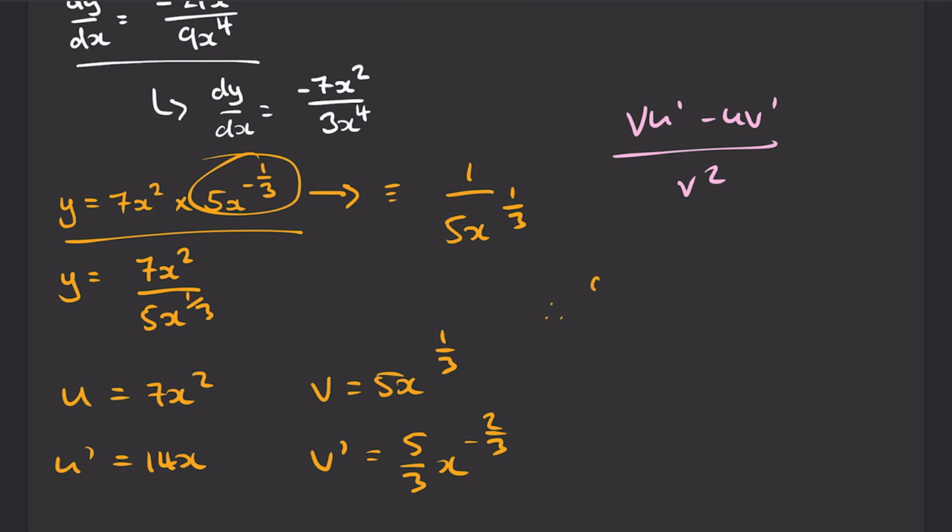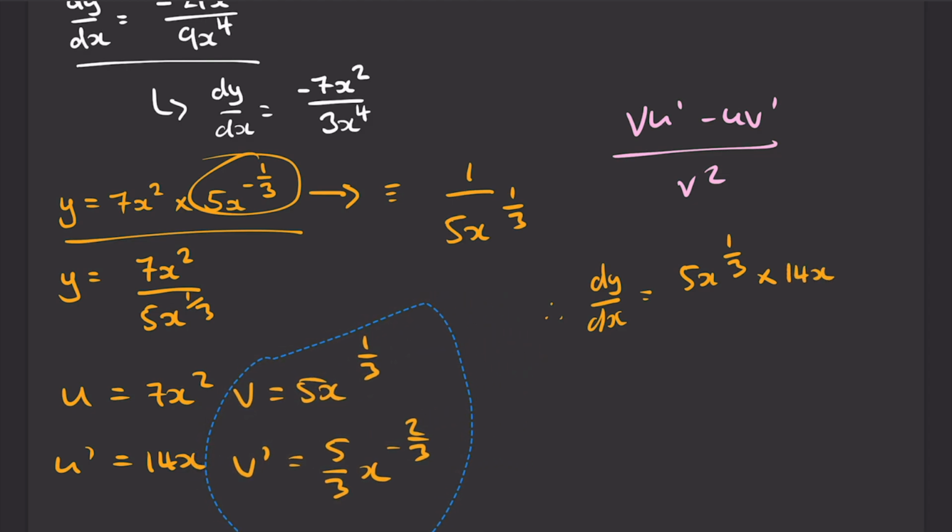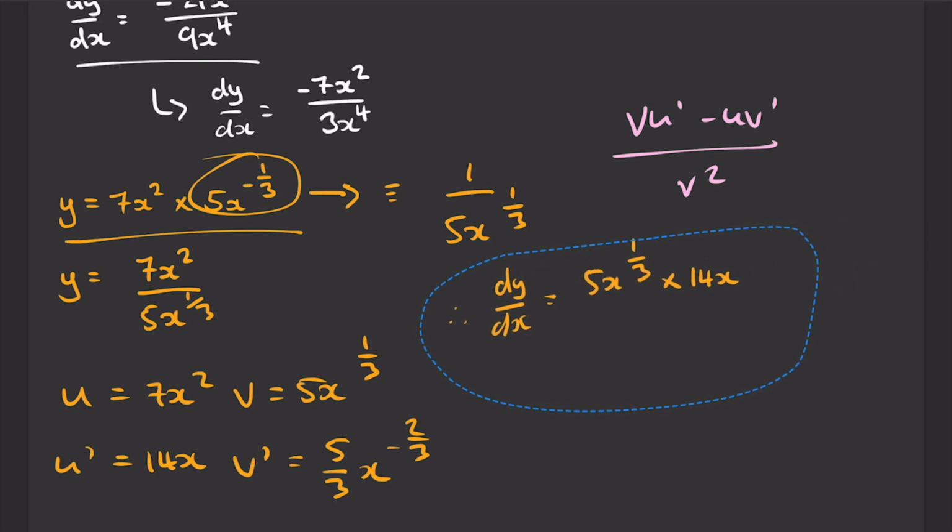So therefore, we can state that dy by dx equals v, which is 5x to the power of 1 over 3, multiplied by u prime, which is 14x. I will shift this a little because I don't have enough space. There we go.